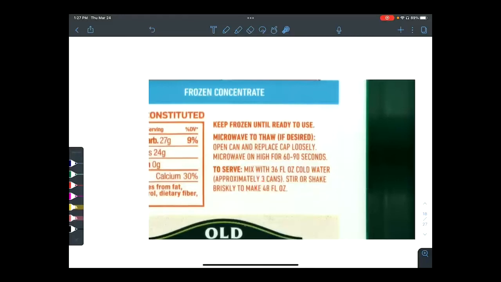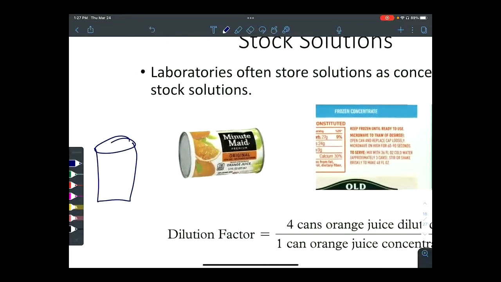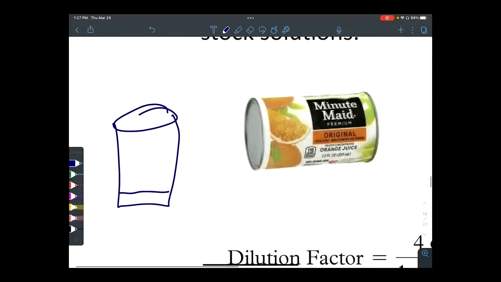So if we think about a pitcher, you throw the concentrate in there, and then you add 1 extra can of water, 2 extra cans, 3 extra cans of water. In doing that, you increase your total volume to 4 times what you originally had, because you're adding 3 extra cans.